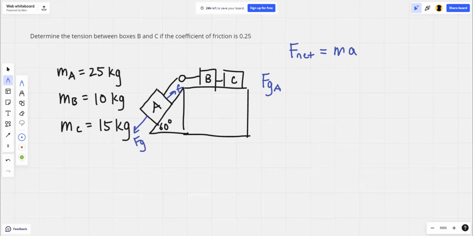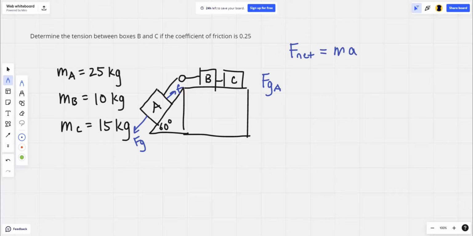And we're not going to look at these tension forces because if you're looking at the forces that are acting on the whole entire system, not just one of the boxes, you don't have to worry about tension.